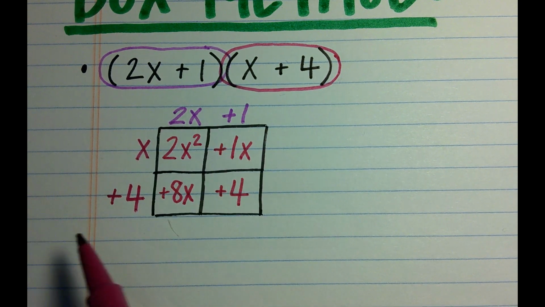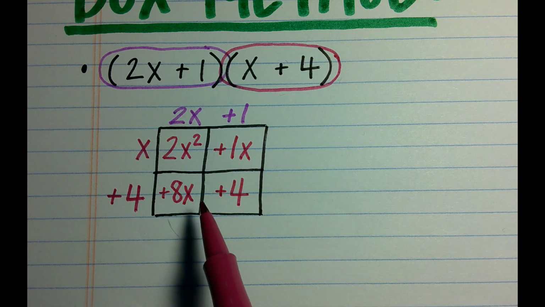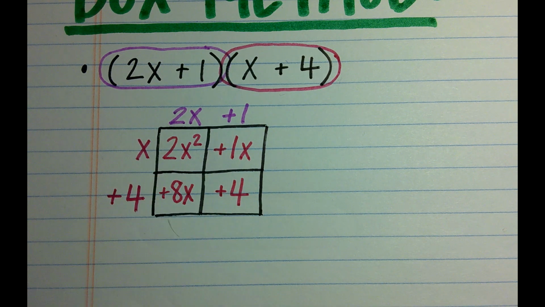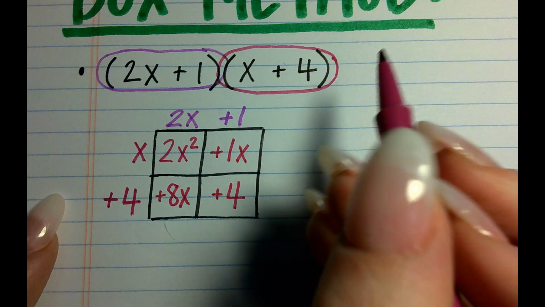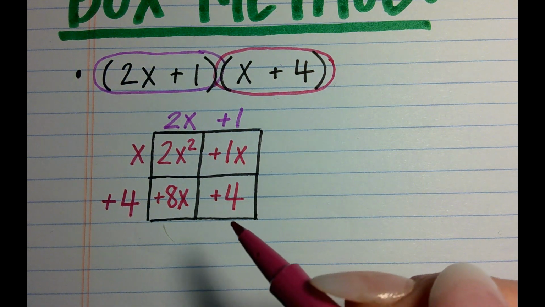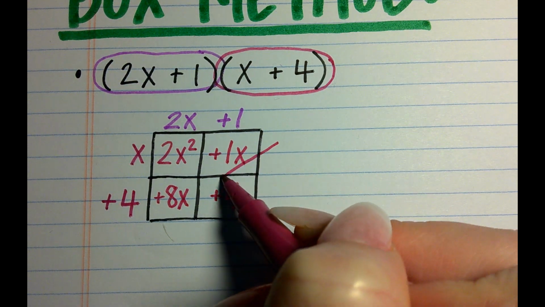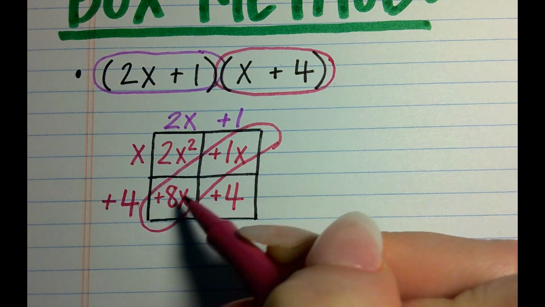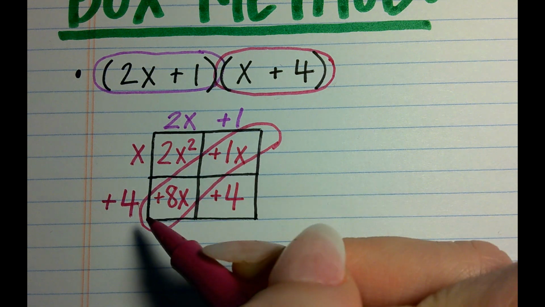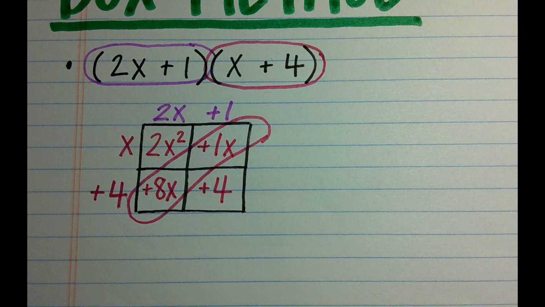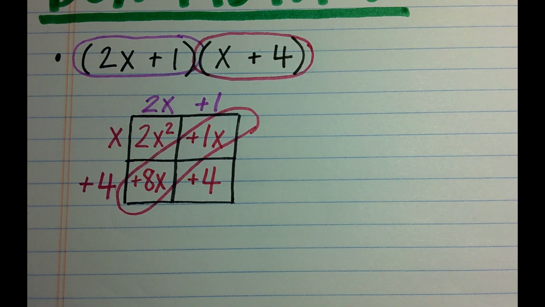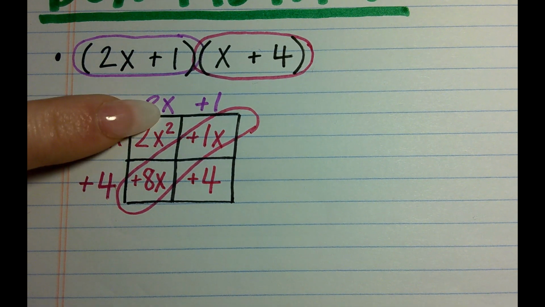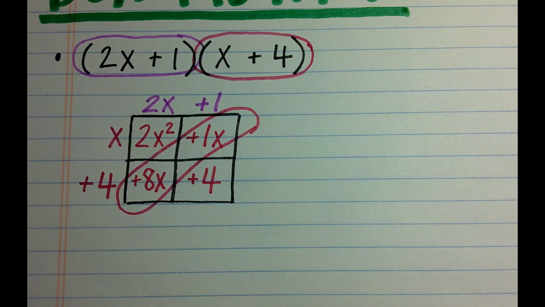So now I have all of my terms. What's nice about the box method is the terms that we need to combine, our like terms, will usually fall on this diagonal, 8x and 1x. So we can write our final answer, going from the top to the bottom.